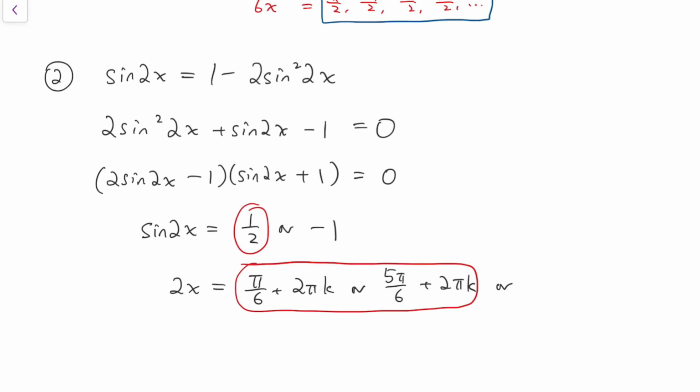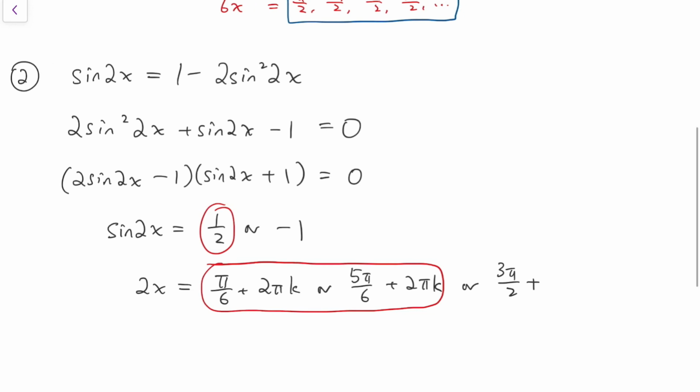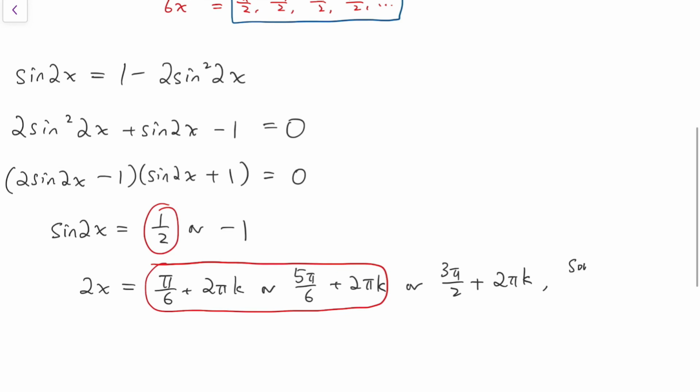While for sine of some value to be equal to minus 1, the only solution is 3 pi over 2 plus multiples of 2 pi. Where k is some integer.